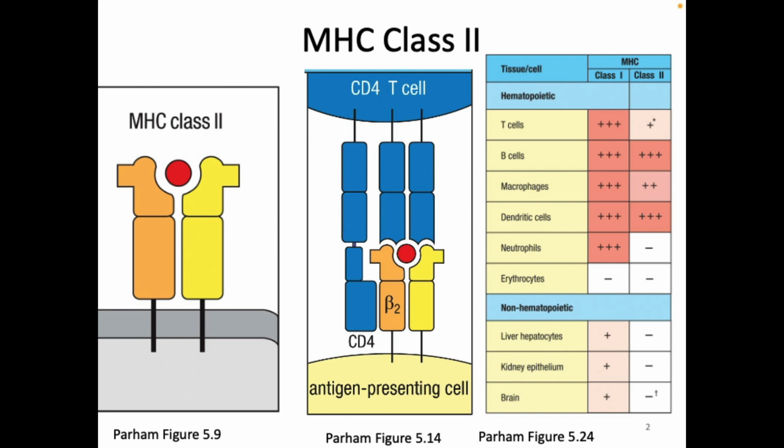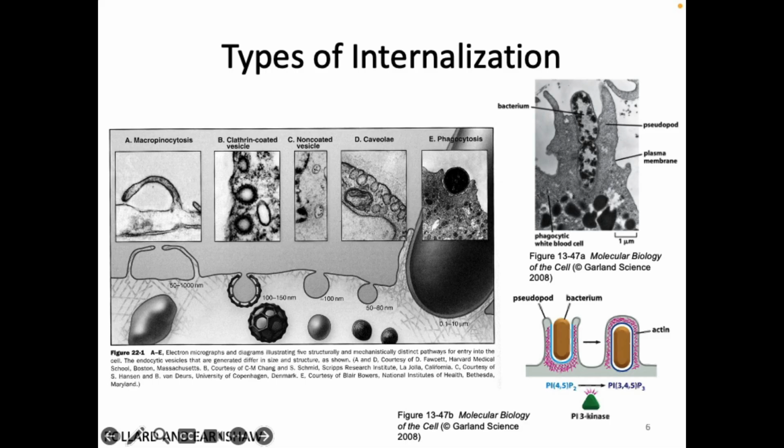Yeah, B cells are not one of the 3 cells that does phagocytosis, but they can present on MHC Class II. So clearly, phagocytosis can't be the only option for acquiring antigen for Class II, because B cells have the ability to do it as well. And so B cells are going to be using one of these other types of internalization, not phagocytosis.